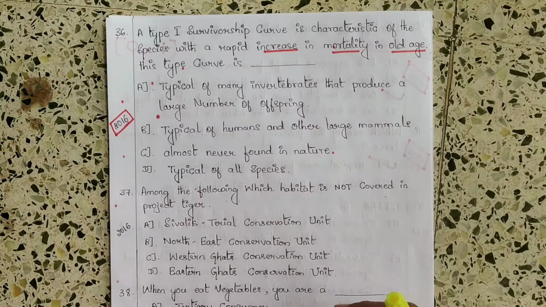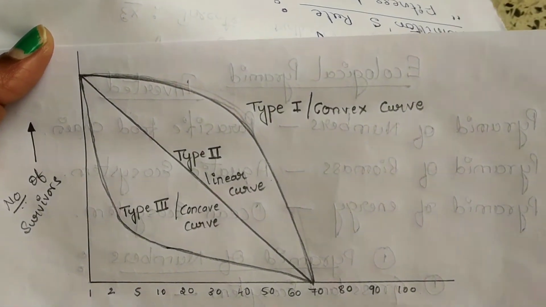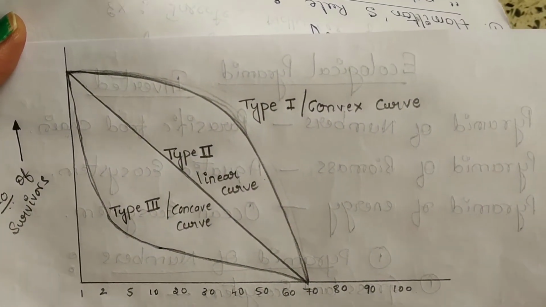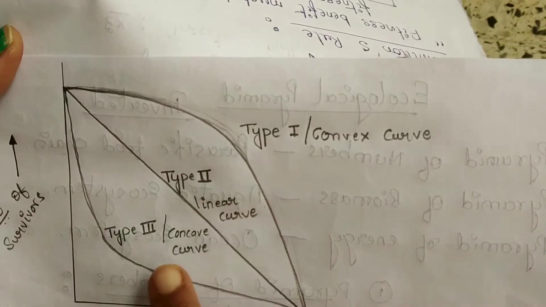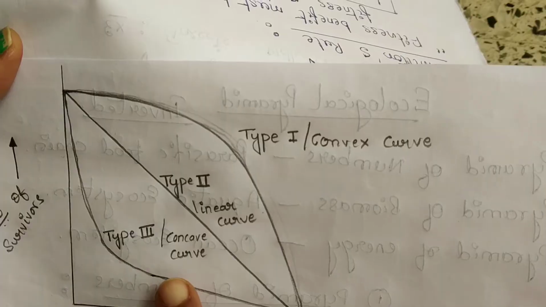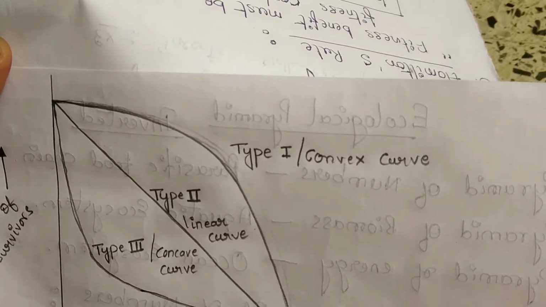Here in the diagram I have drawn, this is the survivorship curve. Type 1 is convex, type 2 is linear, type 3 is concave. Here it is the number of survivors, and this is the age.